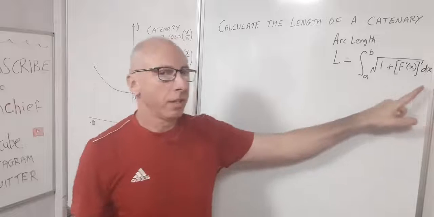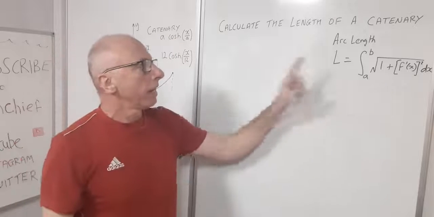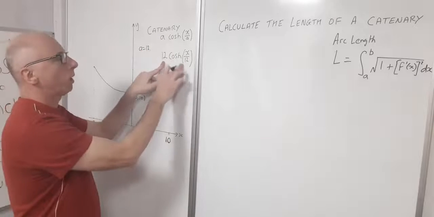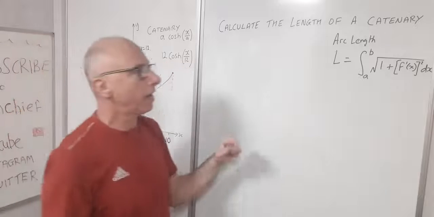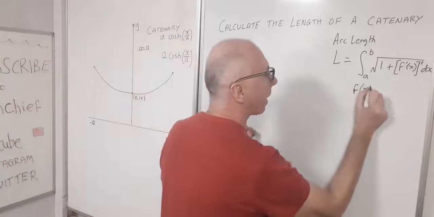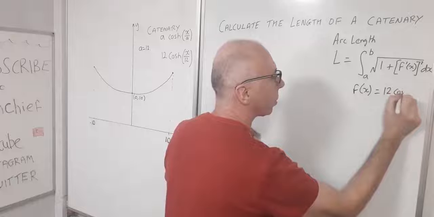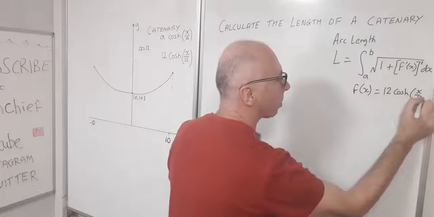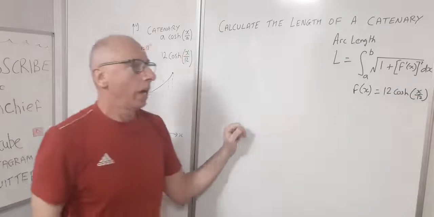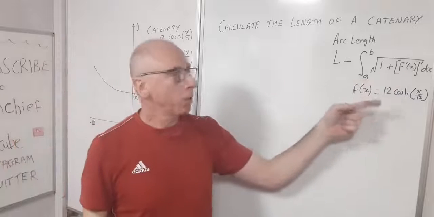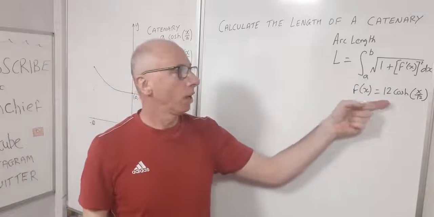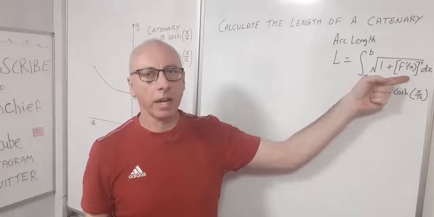So here, in this integral, we would use our function, 12 cosh x over 12. So if we let that equal our f of x, then to get our f prime, we simply take the derivative of this, and then we can plug that into there and square it.